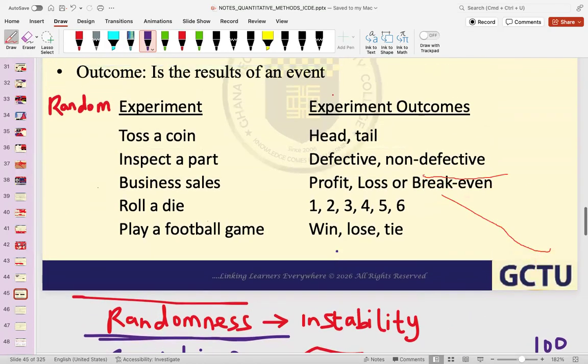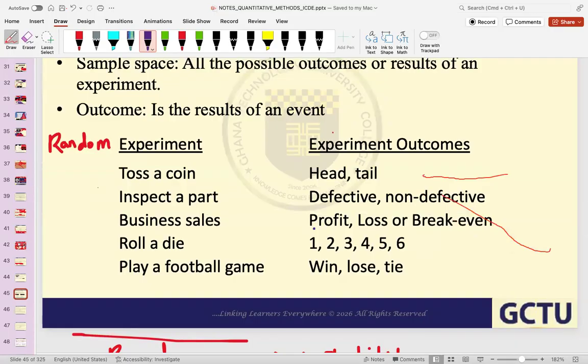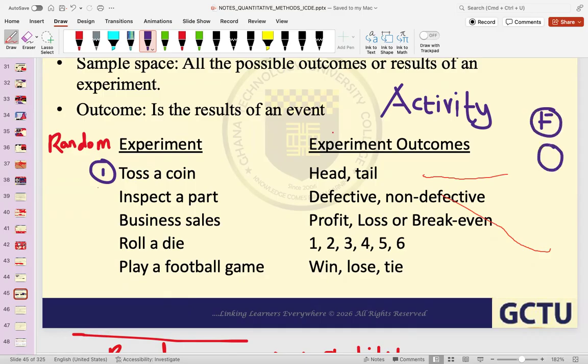So that is randomness. So when we say an experiment of randomness, it means an activity that can portray the randomness we are talking about. So when you take a coin, the coin has two sides. You have the initial front side, and then you have the other side. Okay.